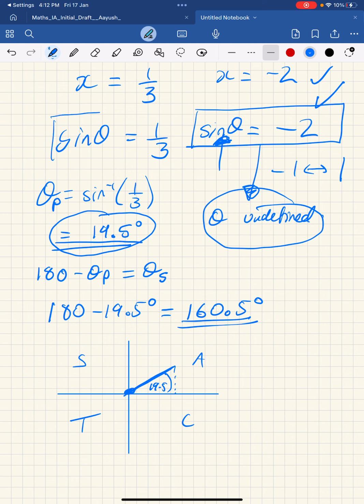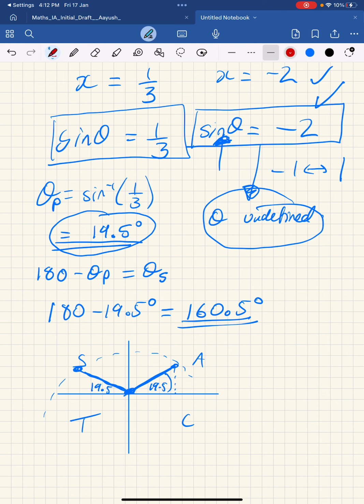But look, sine of the angle is positive, and so we also have another arm of the Ferris wheel on the unit circle, right? This is part of the unit circle. And this is also 19.5. Now, this is your diagram to generate all the solutions.